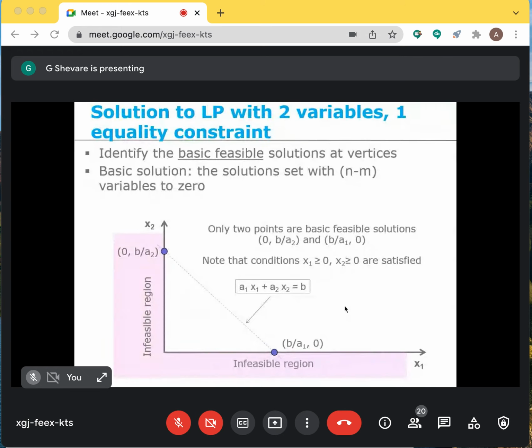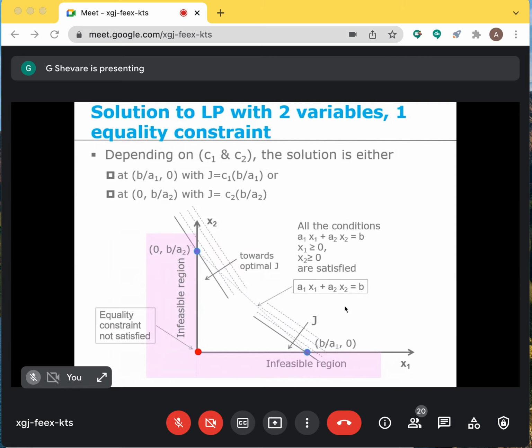But depending on how C1 and C2 are defined, the solution will be either lying along the x-axis or along the y-axis, because that is the place where the optima would lie.